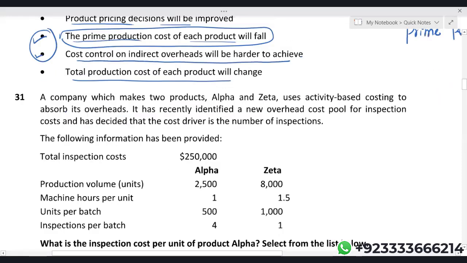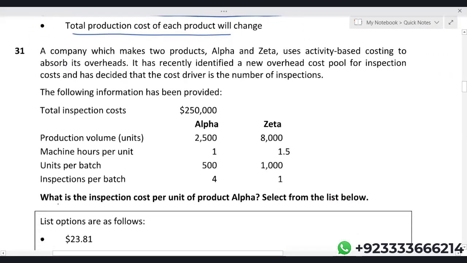Okay, now. What is the inspection cost per unit of product alpha? Select from the list below. Very simple. Actually, first we need to calculate the inspection cost which relates to alpha.